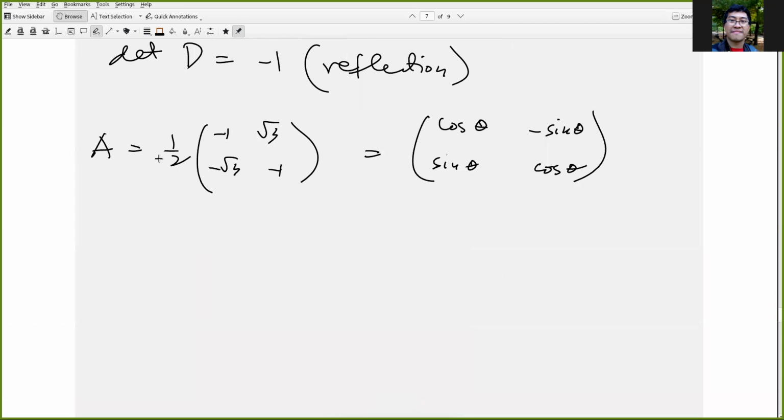You have here negative 1/2, so theta could possibly be in the negative x direction.